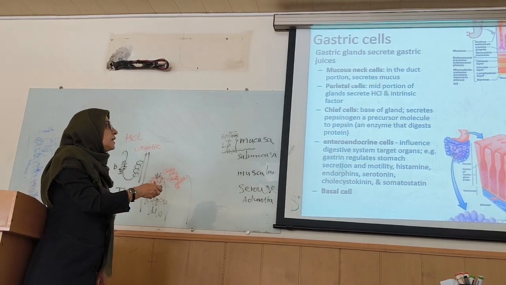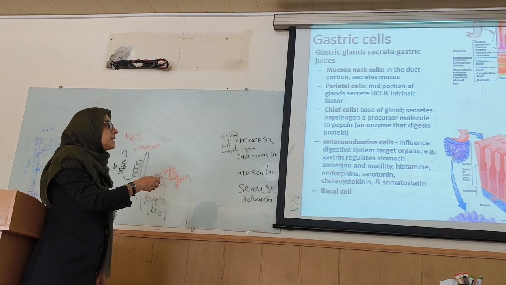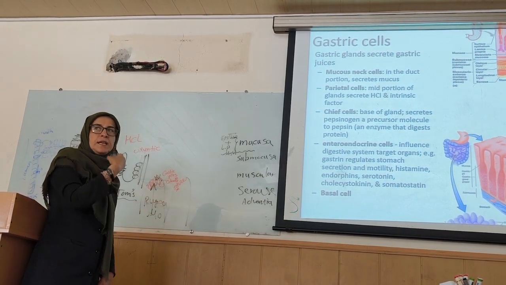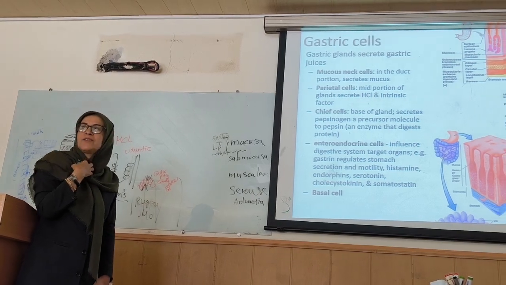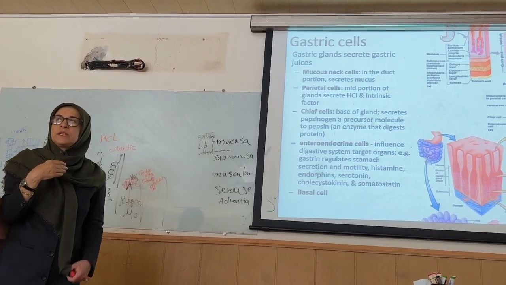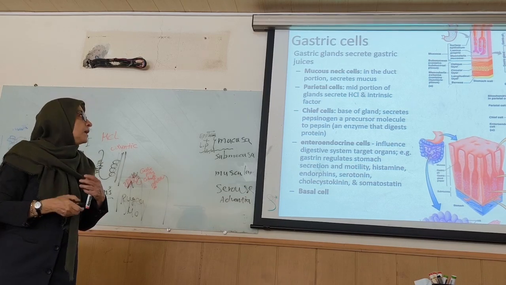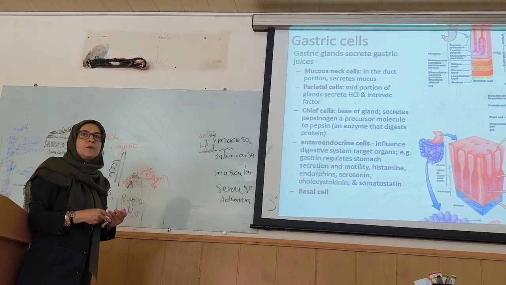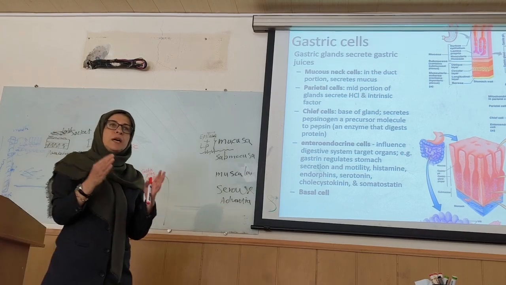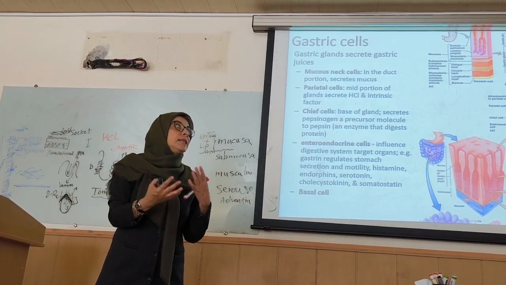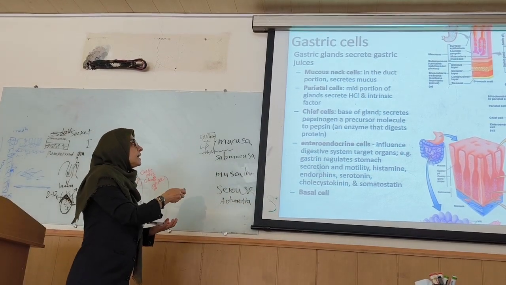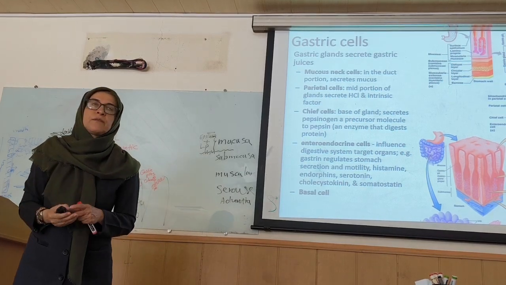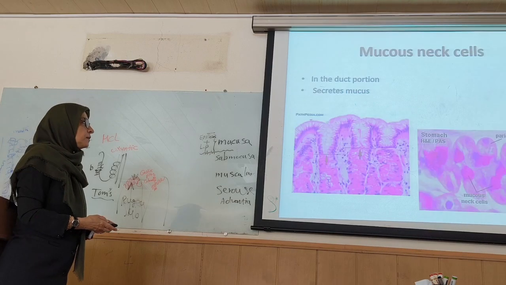And finally, mucus cells, mostly located in the outermost part of the pits, produce the mucus. The parietal, chief and endocrine cells are mostly located in the body and fundus, and the mucus cells are mostly located in the cardia and pyloric part of the stomach.